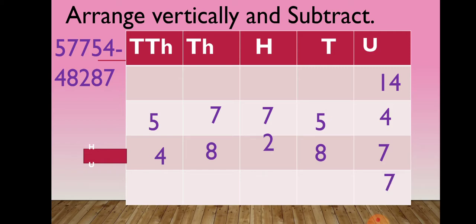So when you subtract 7 from 14, how many remain? 7 units. Now here remain 4 tens, and here is also 8 tens.